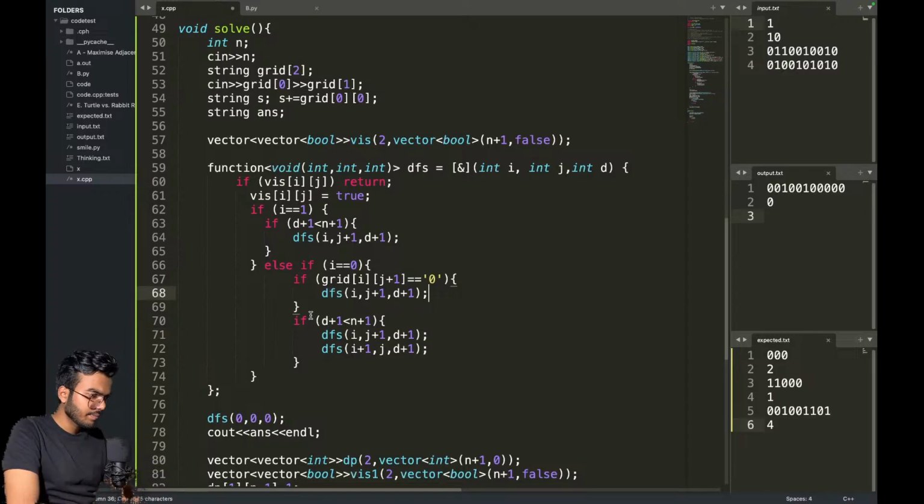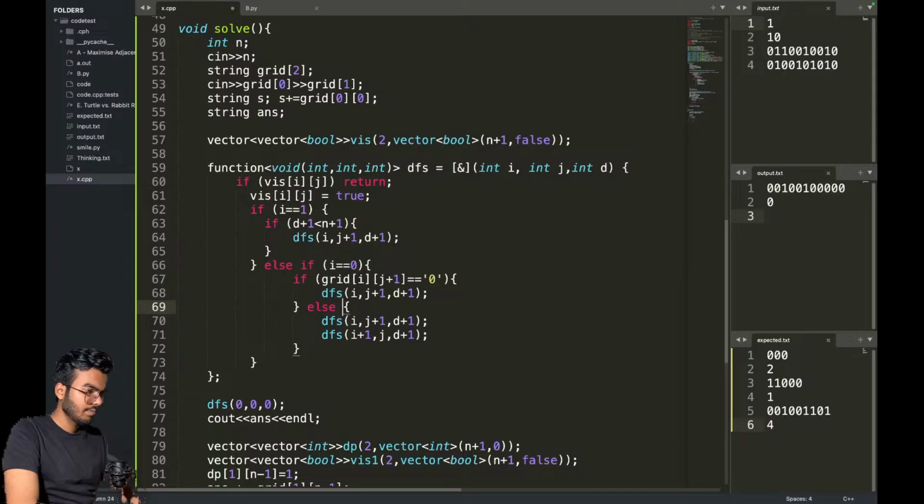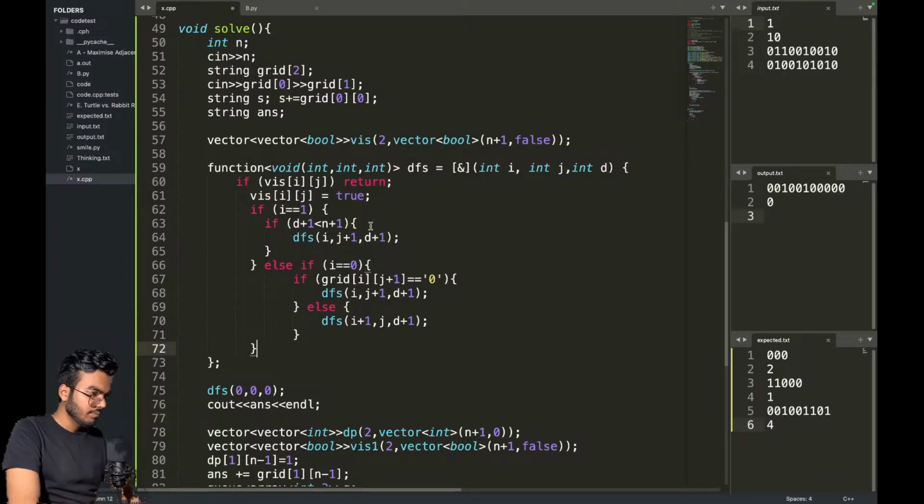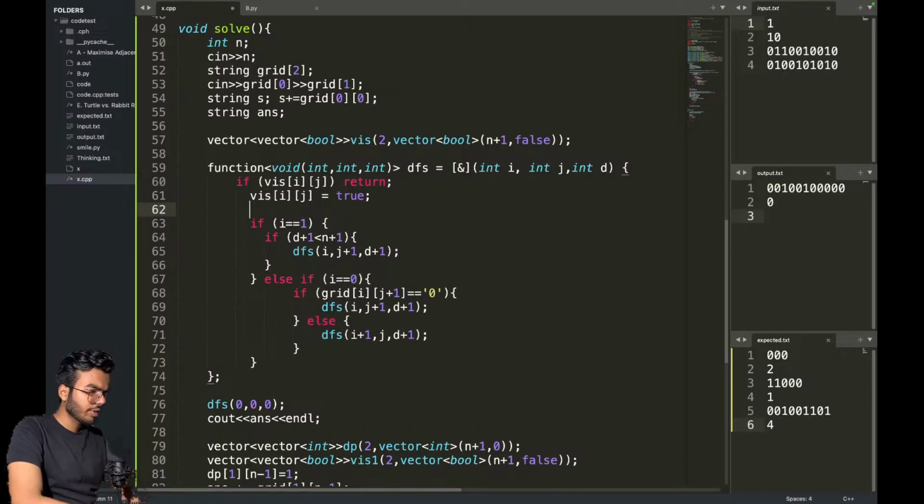Otherwise, else do it this way. And in here I will also do one thing: answer plus equals grid i and j.